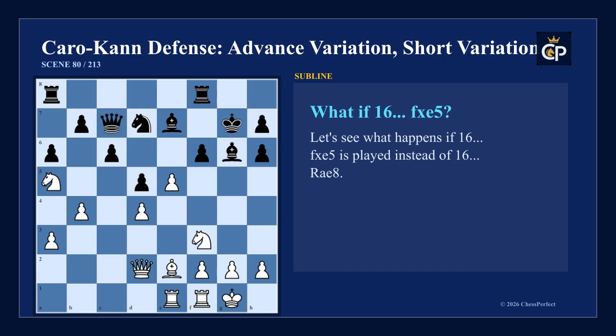Let's see what happens if f takes e5 is played instead of rook on the a-file to e8.